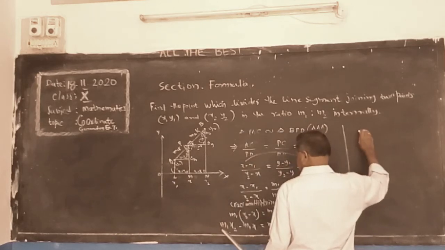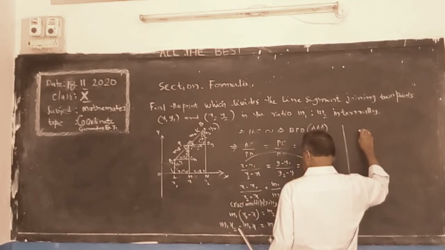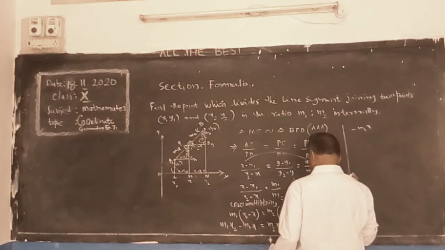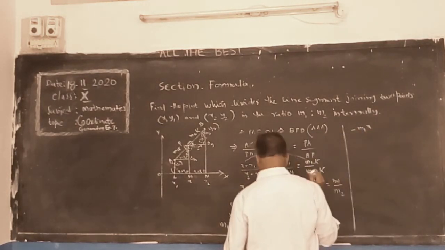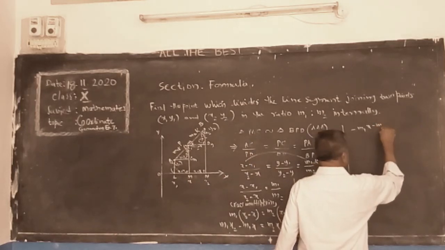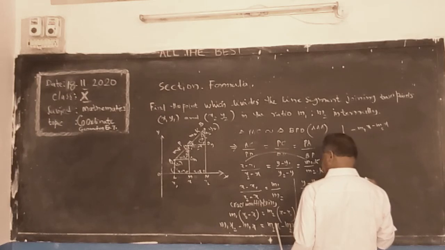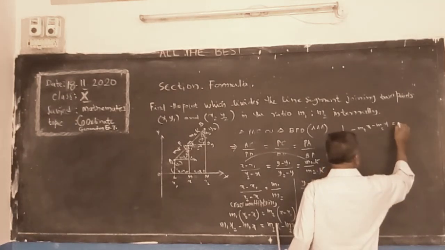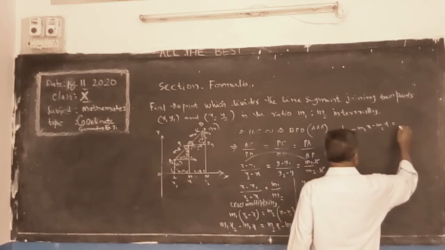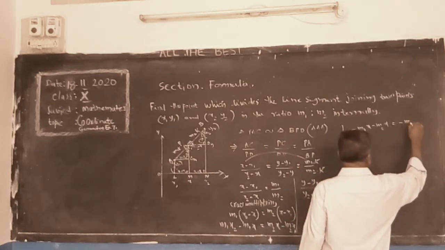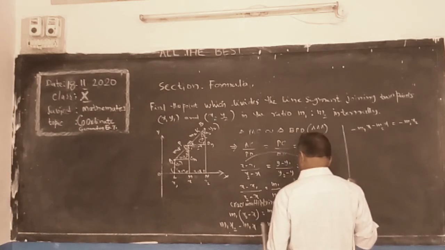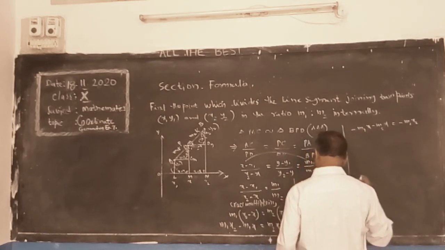Let us write the x terms: minus m1 x minus m2 x on the left, and on the right m1 x2 and minus m2 x1.